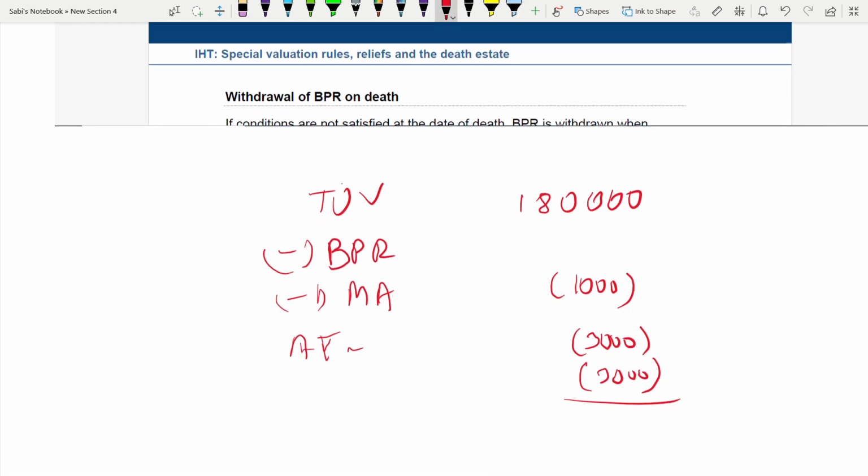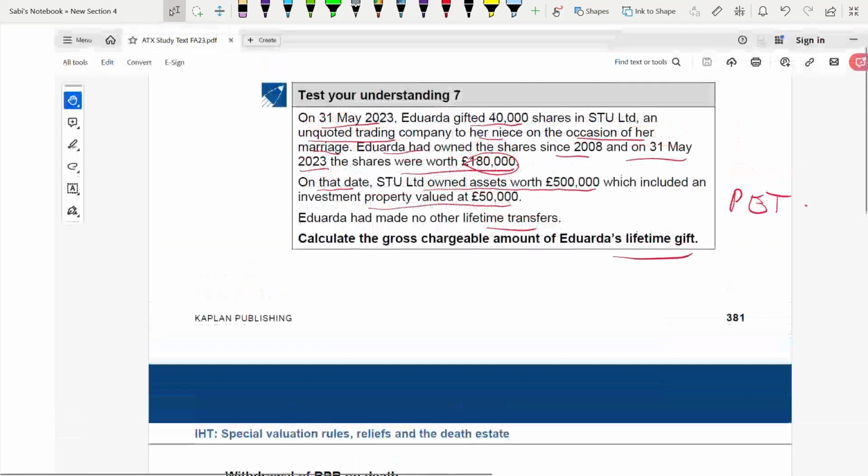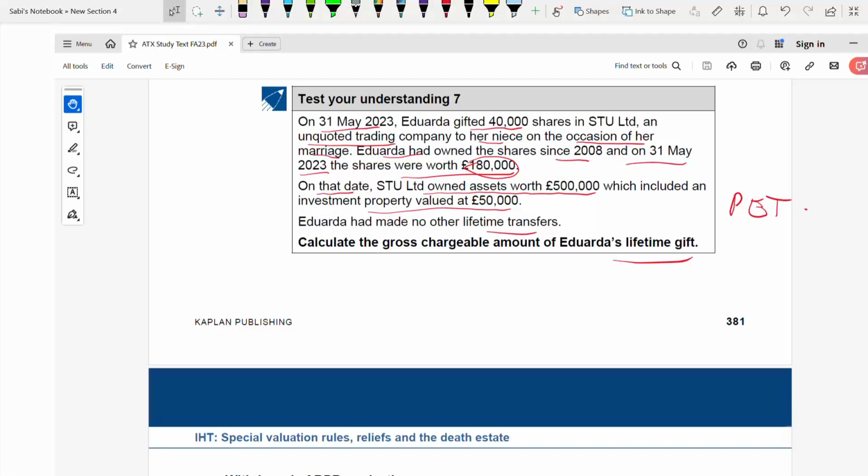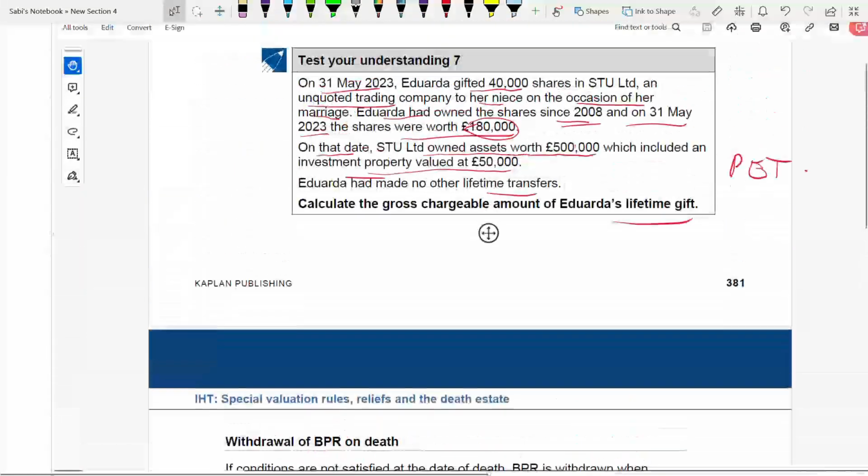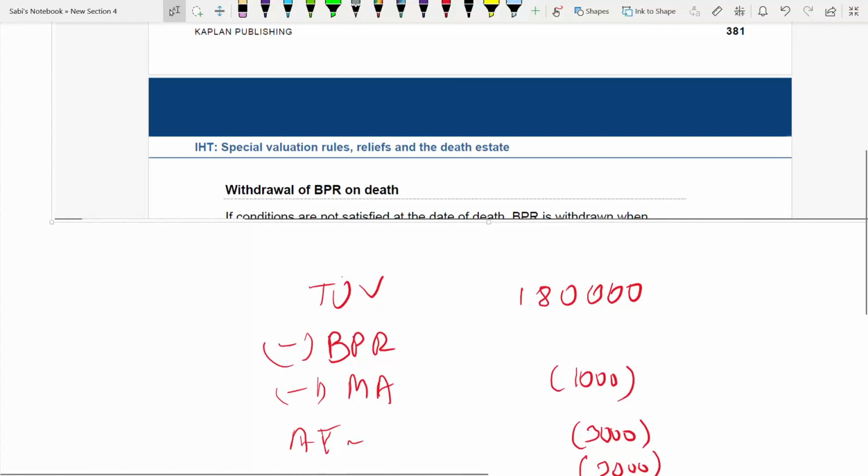First, is BPR available? It's an unquoted trading company, owned more than 2 years. You see, since 2008 she has owned the shares. Unquoted trading company, so 100% BPR is available, but because the company has an investment property, out of 550,000 assets, 50,000 is investment, so BPR applies only on 450,000 of 500,000.